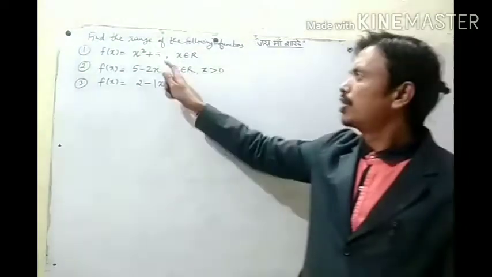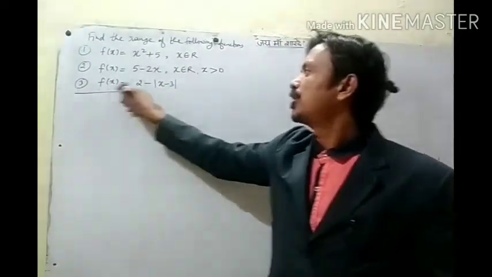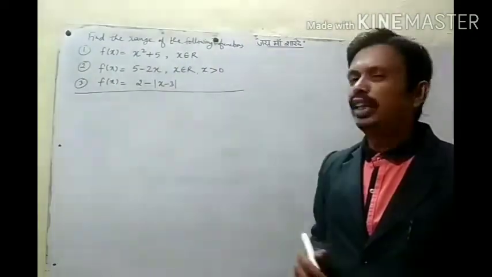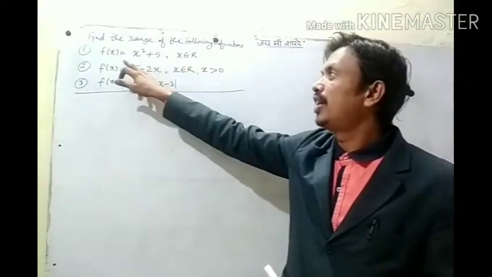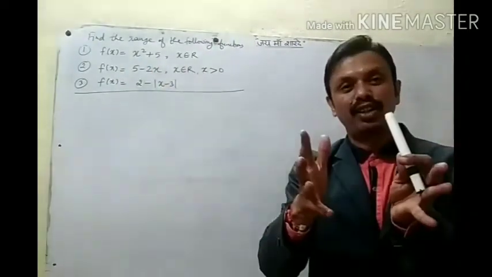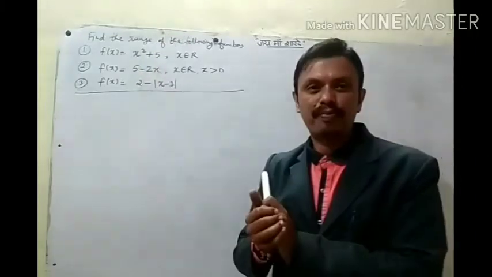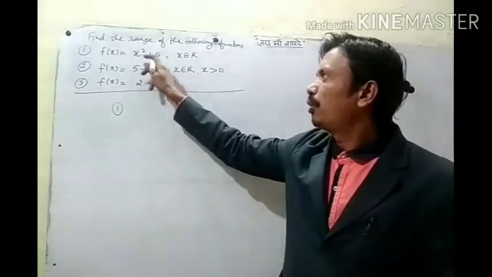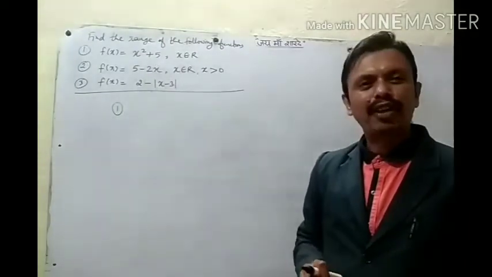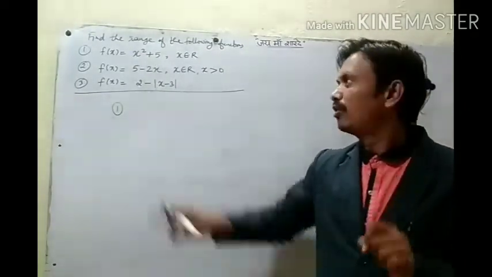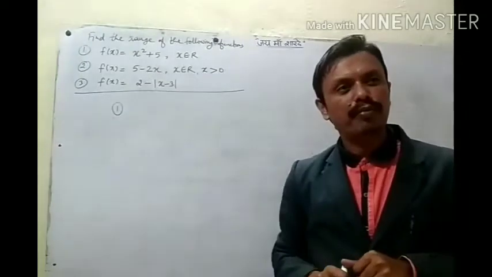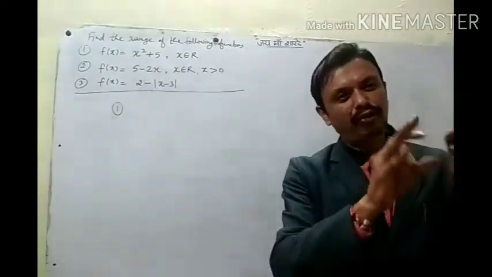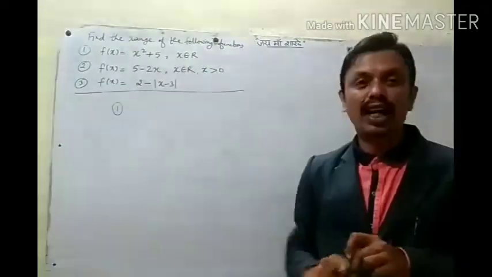So in the first question, x square plus 5, and x is a real number. If x is a real number, then what is the range of x square plus 5? What will be the set of values of y? Okay? So if we see x square plus 5, for any real number, what should be the values of x square? If you take any value of x from this group R, what do we get?